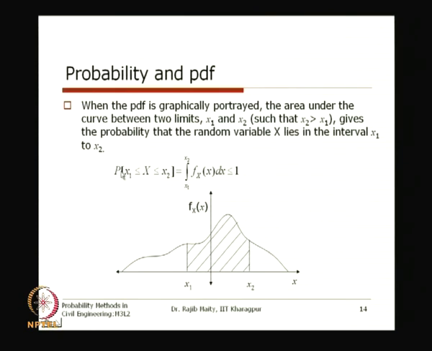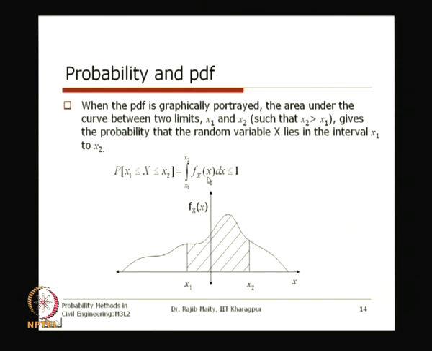Each and every point here implies the density for that particular value. So, if I want to know the probability that this random variable is within this limit, it is nothing but this hashed area in this graph.